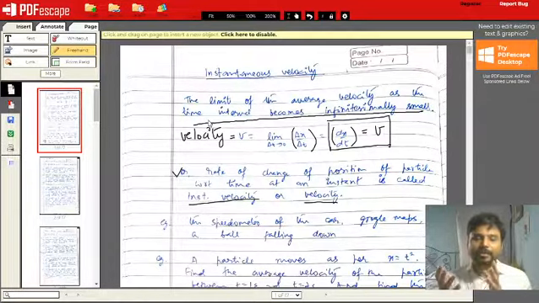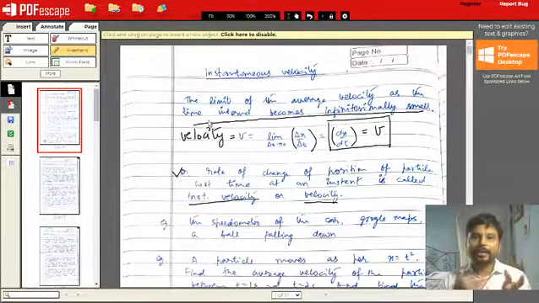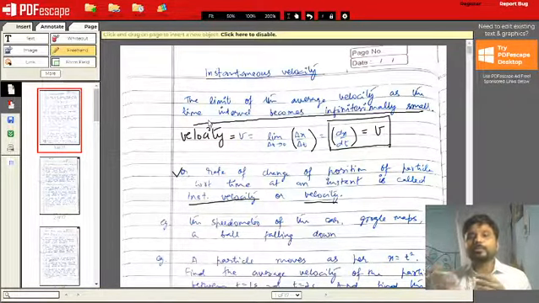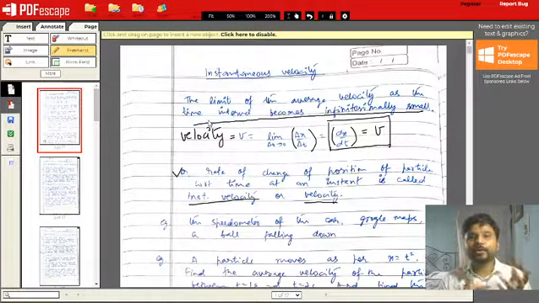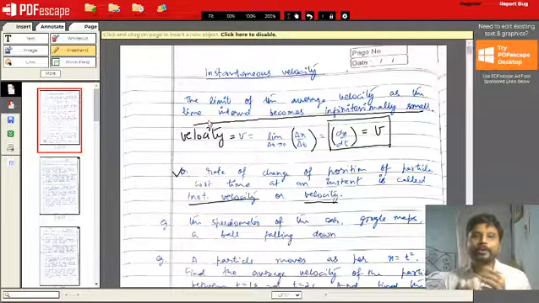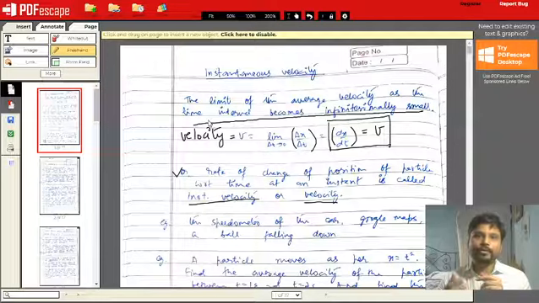Some common examples can be the speedometer of a car. For example, a car is at a red light and then it turns green. The speed of the car would be 1, 2, and after some time it would reach 10 kilometers per hour, 30 kilometers per hour, and so on. For example, you are going to your friend's home and you have Google Maps with you. Google Maps shows at which speed, and not only the speed, the direction in which you are going.